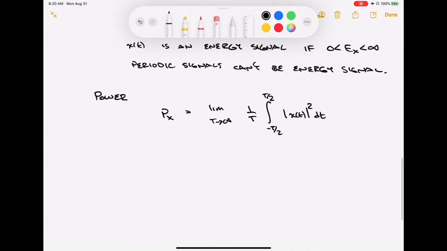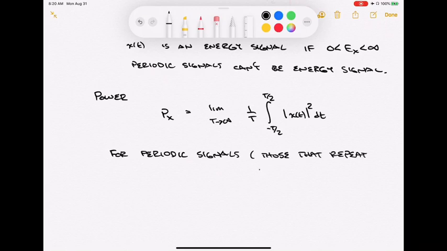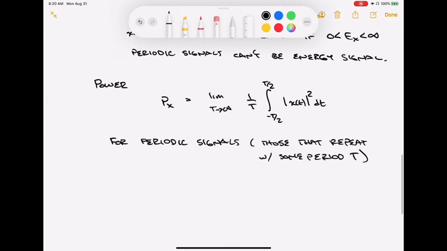If I take a look at a periodic signal, for periodic signals, those that repeat with some period, and let's call that period t, okay?